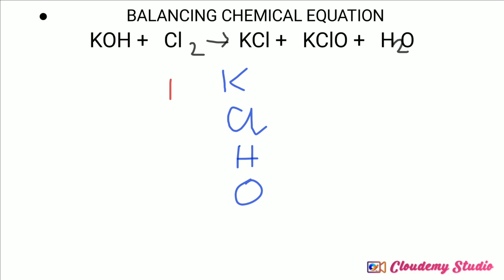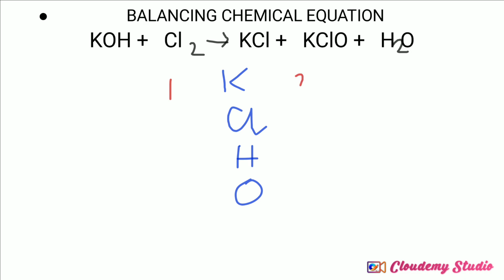Please remember this point. When an atom is present in more than one place, we need to check whether the number of atoms is an even number or an odd number. If it is even, we can write it as it is. Now the total number of potassium atoms: in KCl one atom, in KClO one more atom.